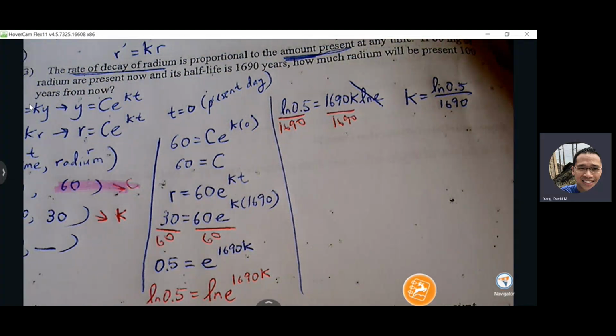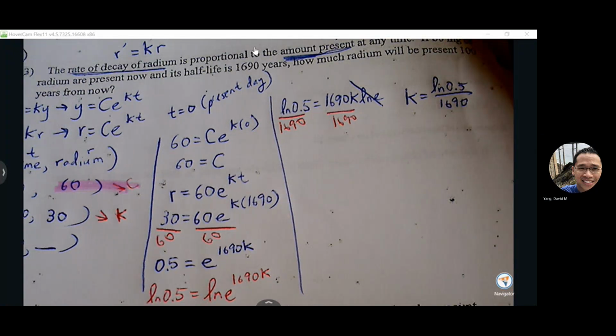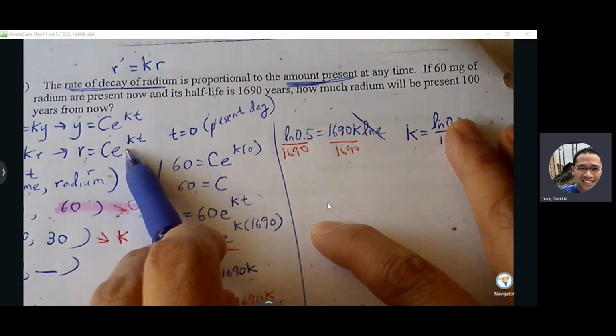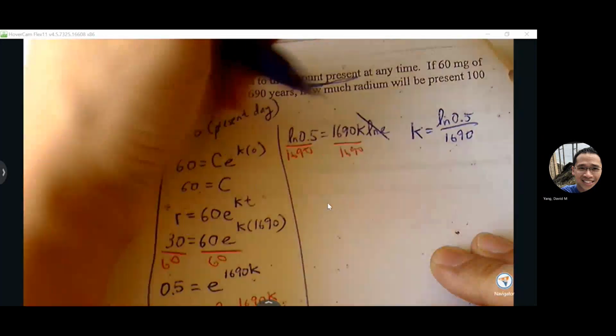Okay, so now let's update our equation and rewrite our radium equation with the C and the K filled in.